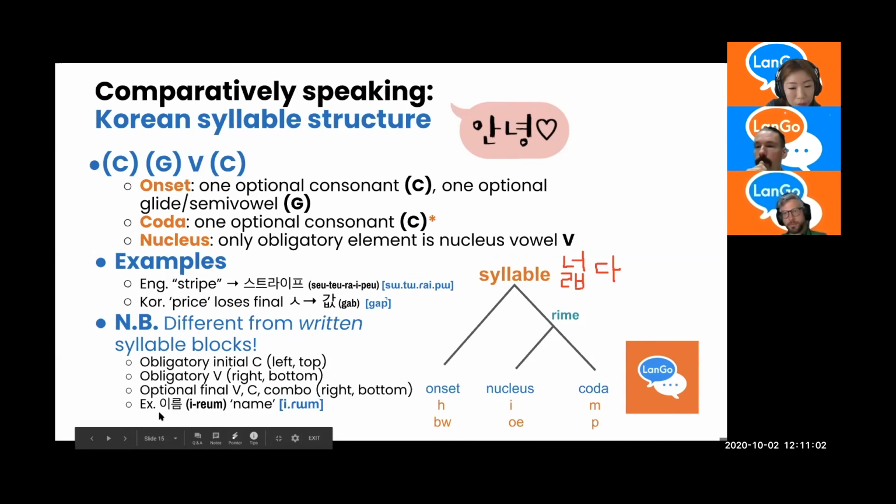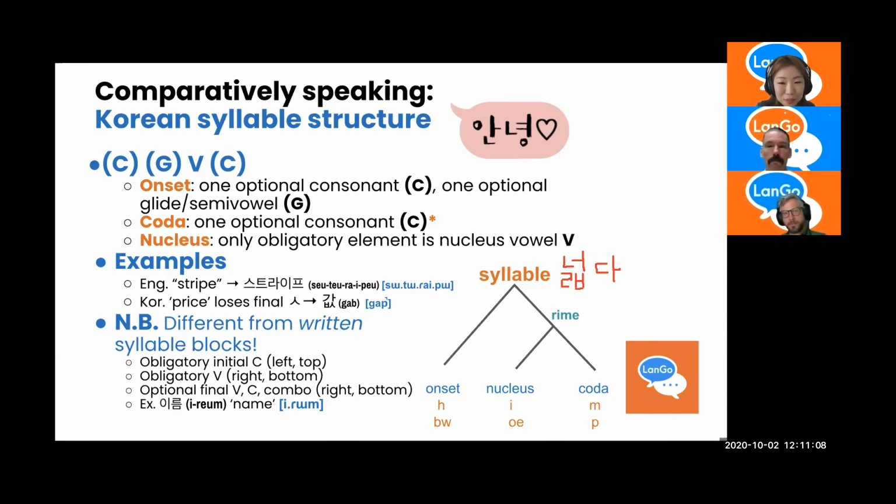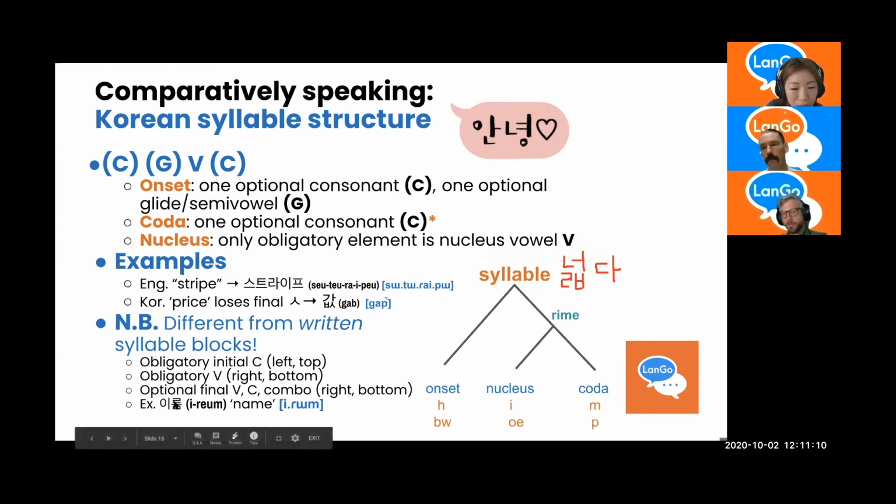When you have a word, for example, like name, the word for name is 이름. If you're listening, that first syllable has this letter that looks like a circle, the ieung, and then it has the vowel i. But that circle letter is not pronounced here. It just acts like a placeholder to conform to the written rules.